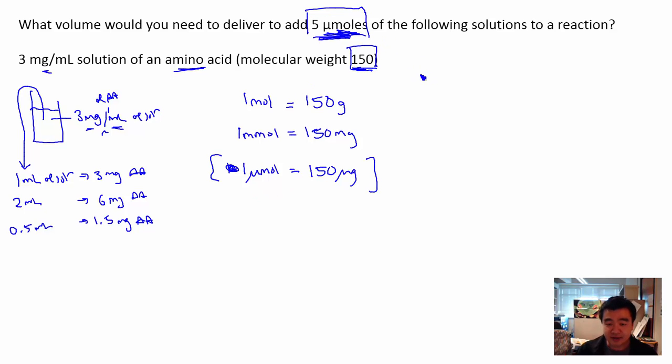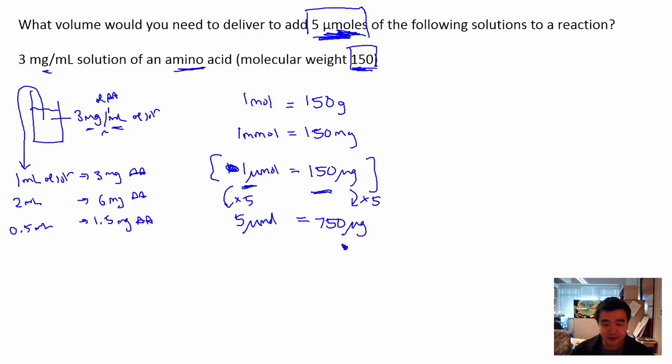The question is saying we need to take out 5 micromoles of this amino acid. We know that 1 micromole of the amino acid is equivalent to 150 micrograms. So 5 micromoles of the amino acid, times 5, is equivalent to 750 micrograms of the amino acid.